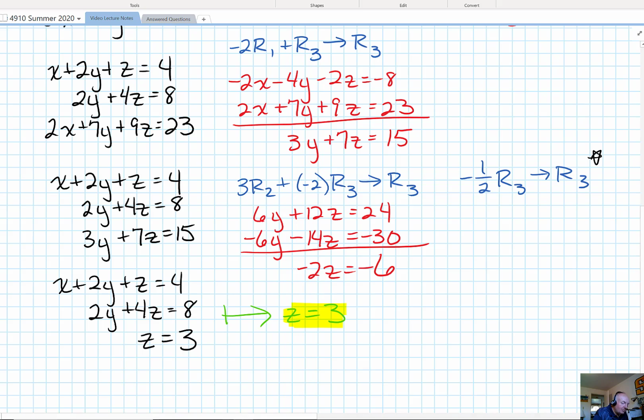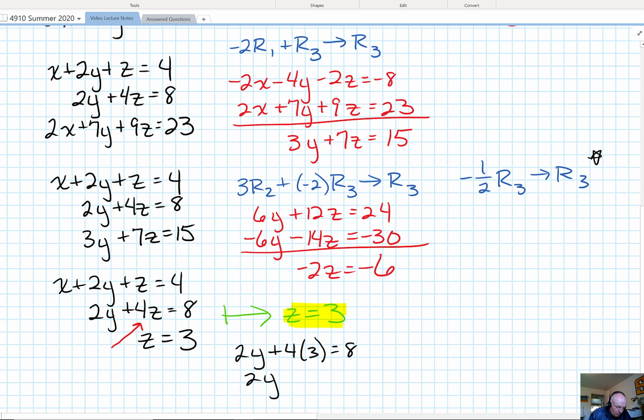And then I back substitute. Once I know what z is, I'm going to substitute that value of z up into the equation above. So doing that little bit of work, it's going to be 2y plus 4 times the z value equals 8.